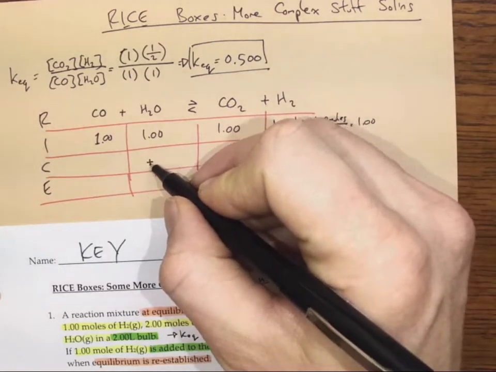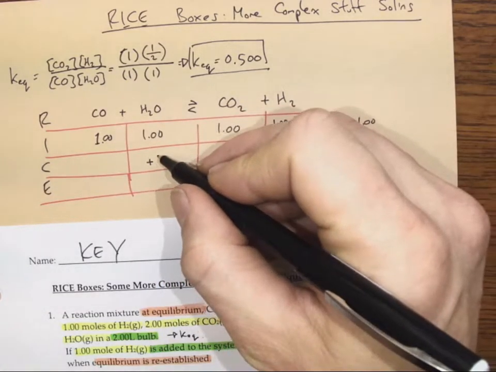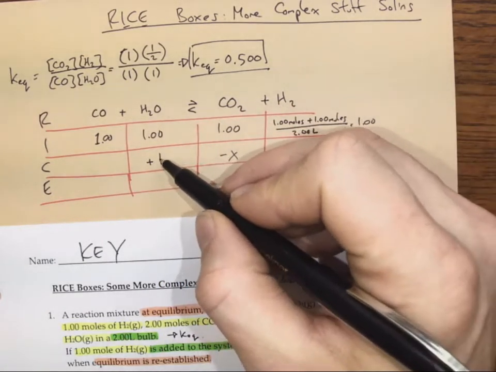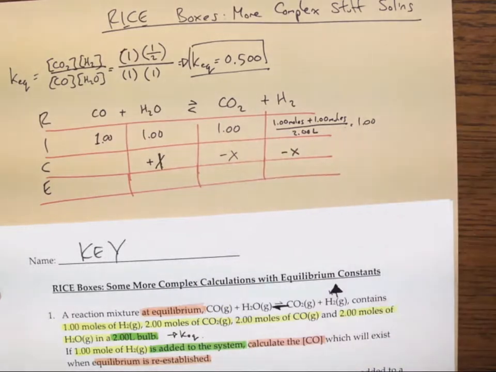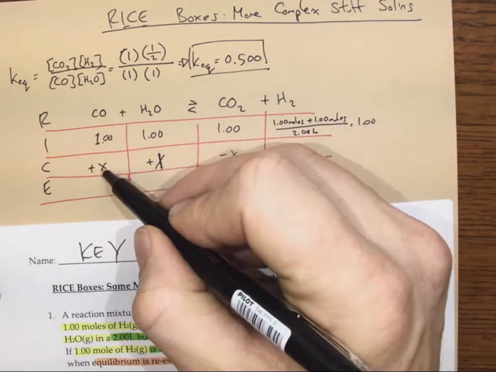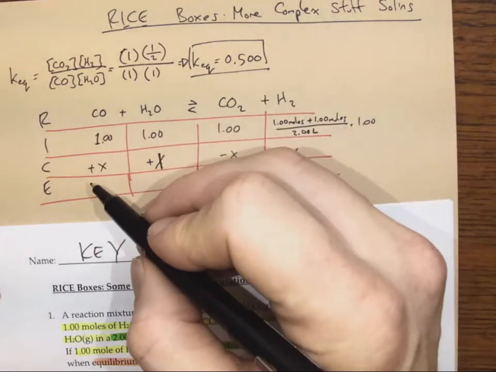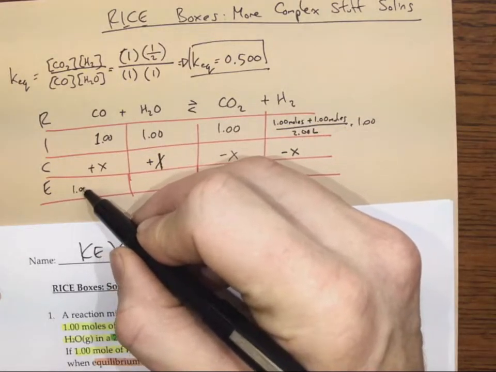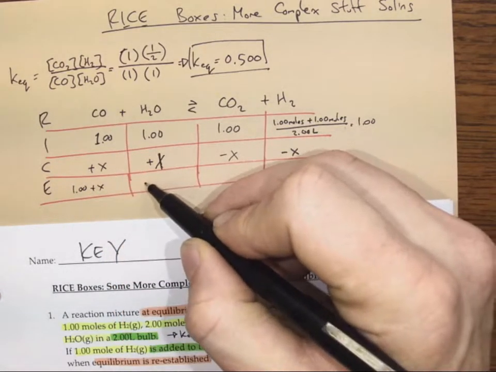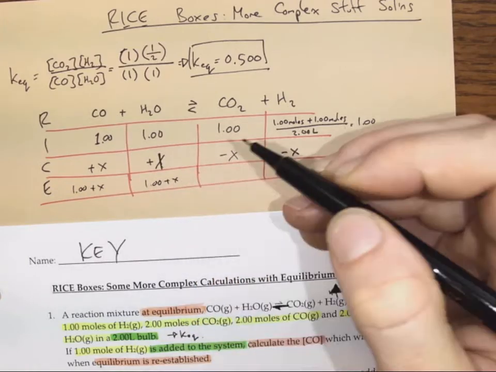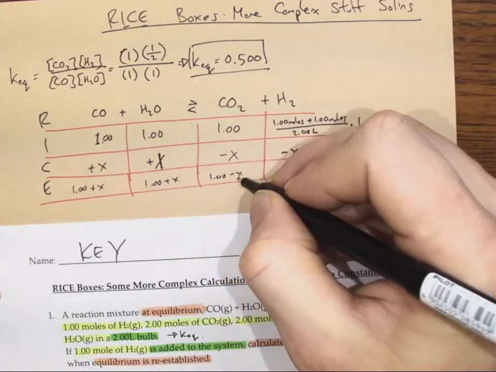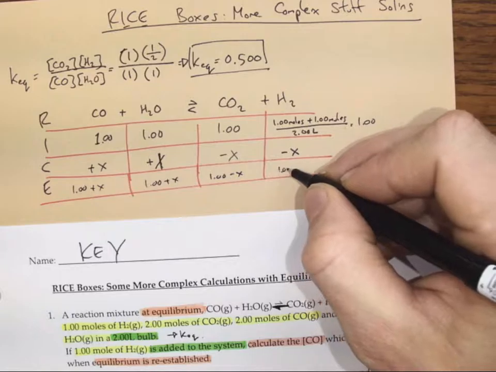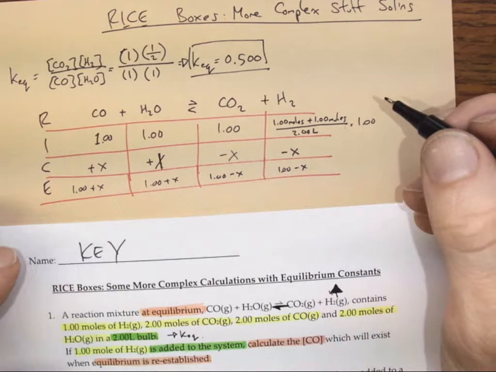As a 1-to-1 ratio, we're going to add X moles of water and X moles of carbon monoxide. So our equilibrium should be 1.00 plus X, 1.00 plus X, 1.00 minus X, 1.00 take away X.